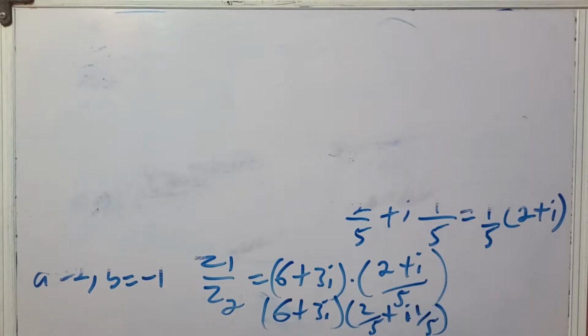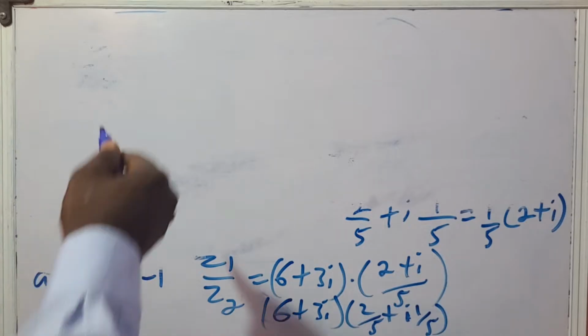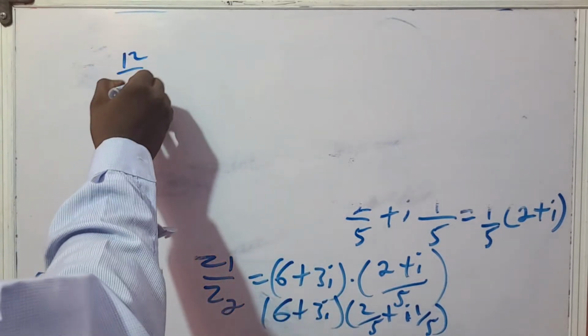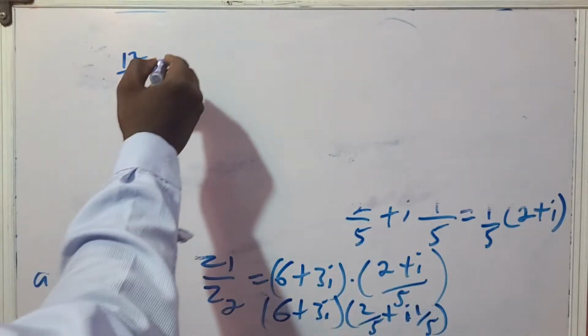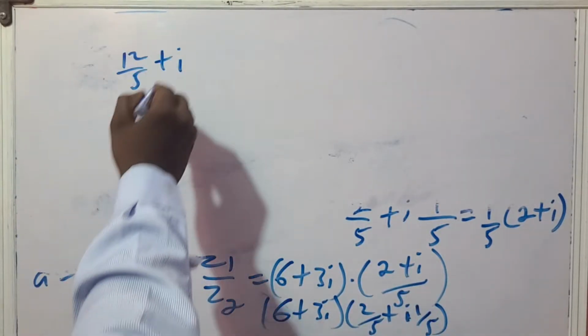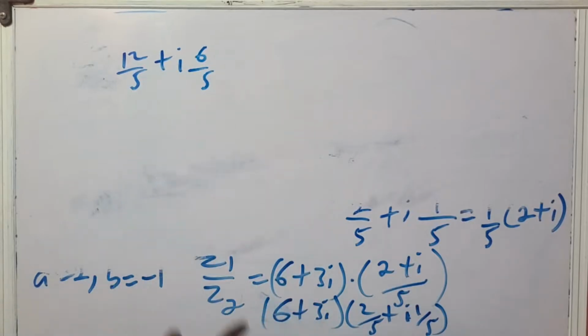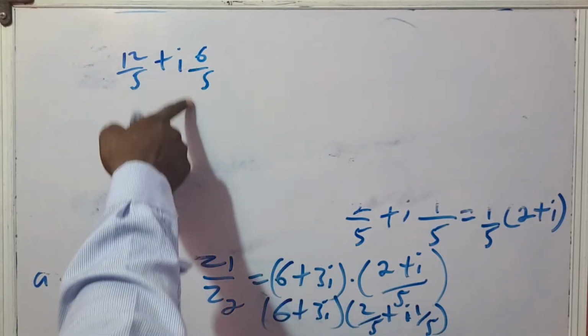Now, if you look at what we're doing now, you can go on to open it the traditional way and just open everything the way you want to. That means you want to do 6 times 2 over 5. That will be 12 over 5. Then 6 times minus 1 over 5i. That will be plus i 6 over 5, because 6 times 1 over 5 will be 6 over 5.